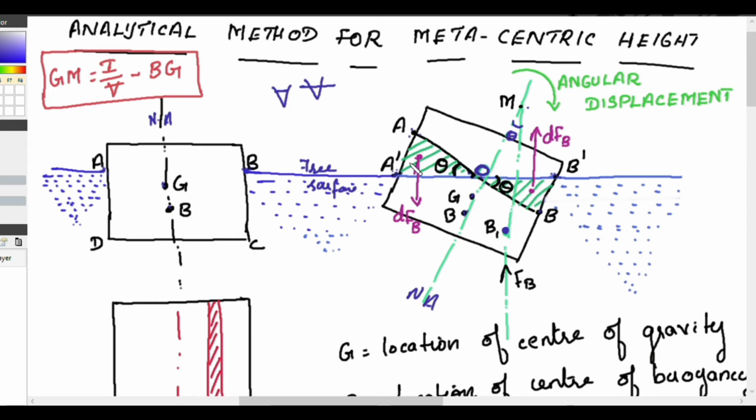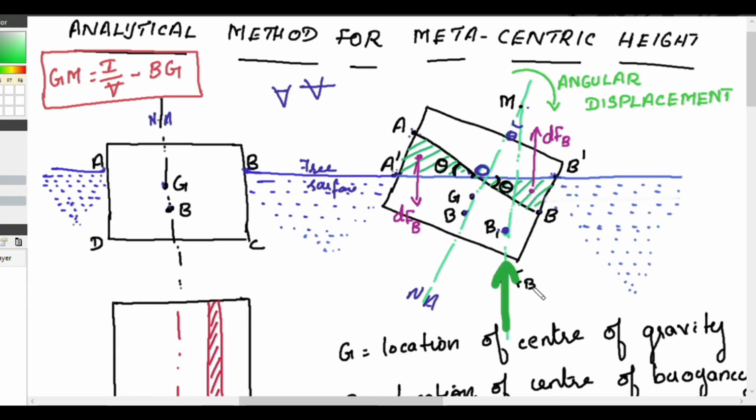Here it is increased, here it is decreased. Now there is a shift of the center of buoyancy from B to B1, and due to this shift, the buoyant force will act along the new position of the center of buoyancy.